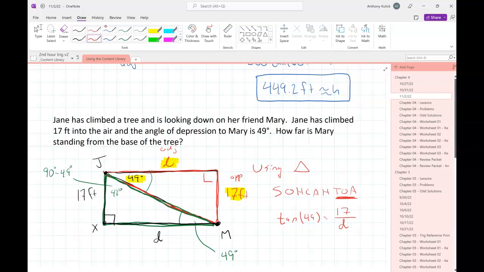If I want to solve for D, what should I do next? Multiply D to both sides. Sounds like a great first step. That's going to get rid of the fractions for me.